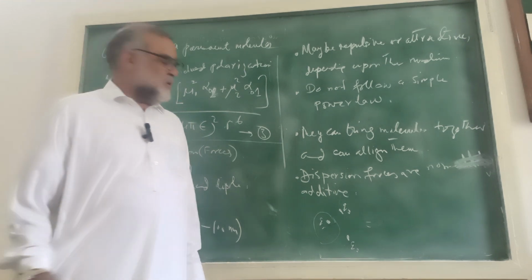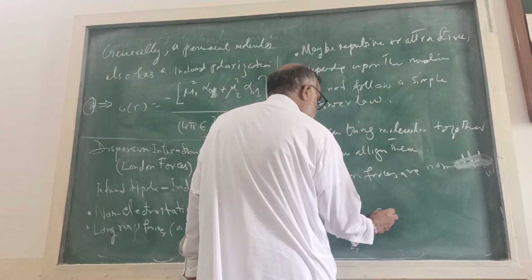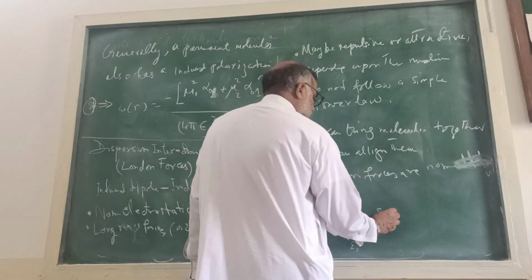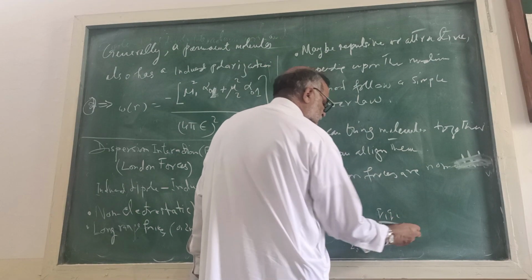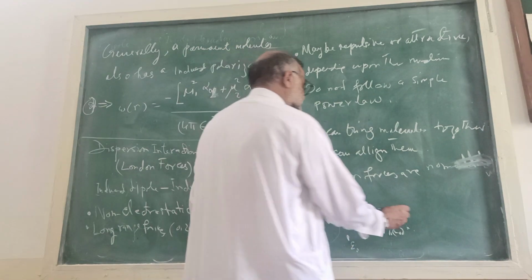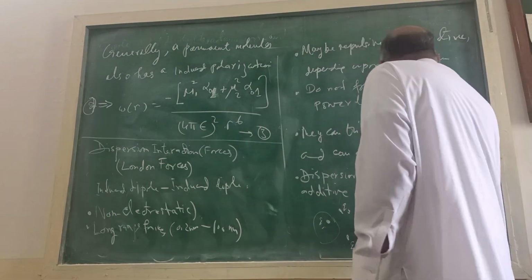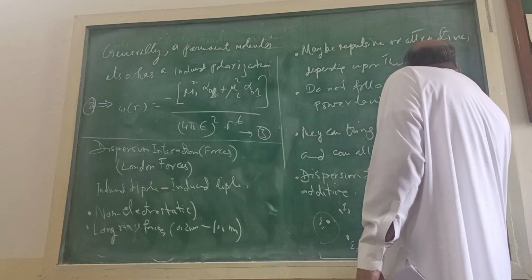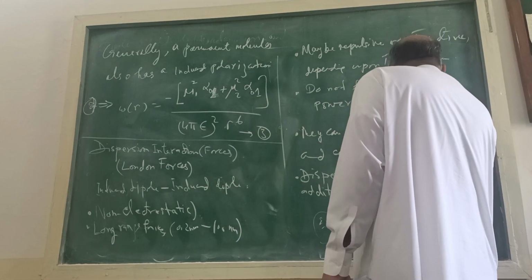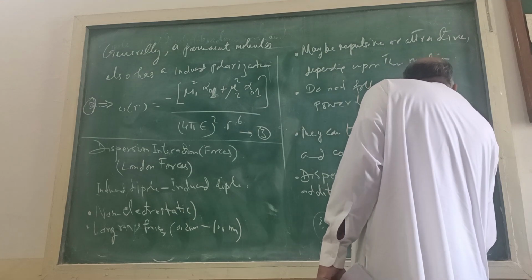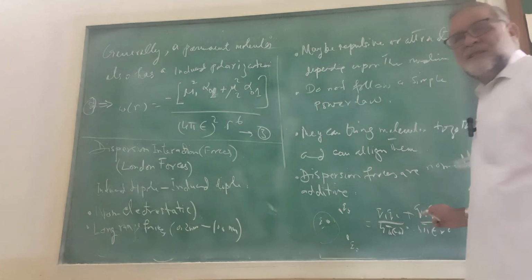We write this as Q1 Q2 over 4 pi epsilon naught R squared, and then we write Q1 Q3 over 4 pi epsilon naught R squared. These are additive.